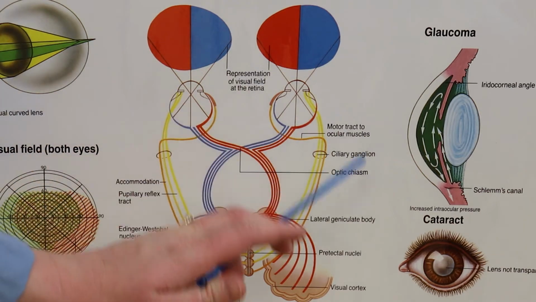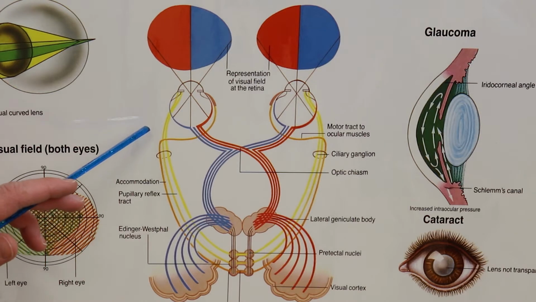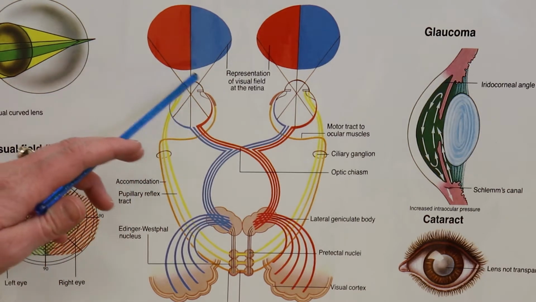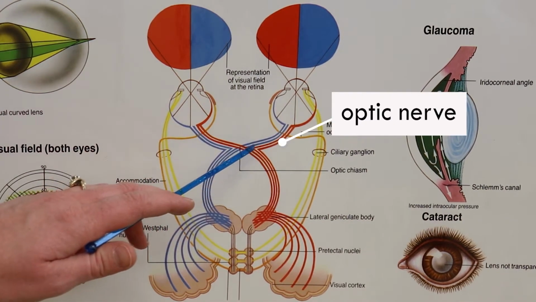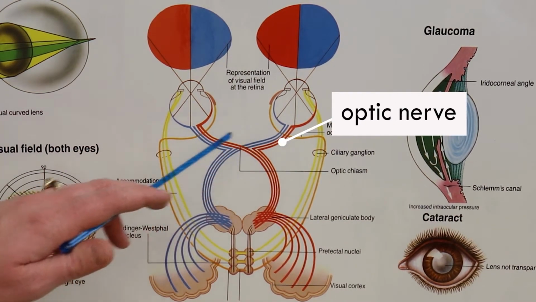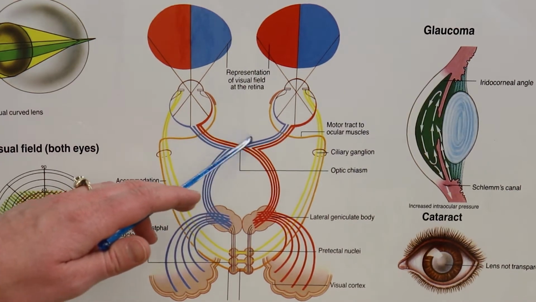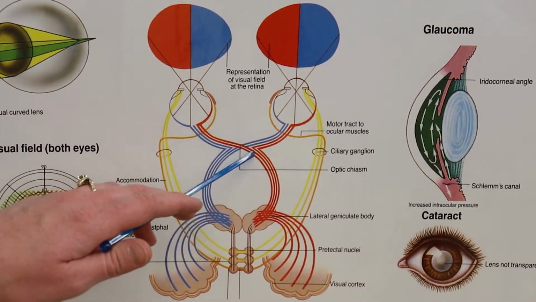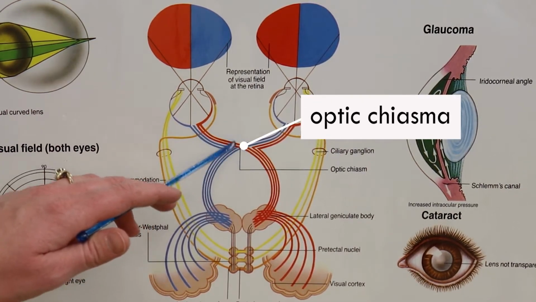So this diagram here is showing us a representation of a transverse section through the brain. Here are your eyeballs, and here's your optic nerve coming out, cranial nerve 2, from each eye. And these nerves are going to meet and cross over at a place called the optic chiasma, or the optic chiasm.